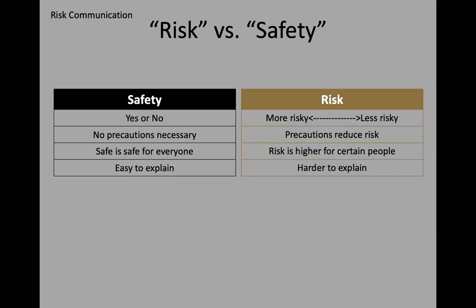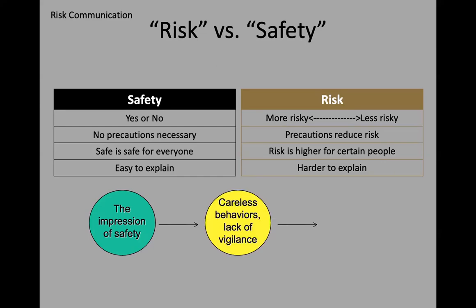So I'm going to put up a very simple series of ideas here. If someone were to give the impression of safety, it can then lead to careless behaviors and a lack of vigilance, which can then actually lead to riskier behavior and increased risk. So this is a very powerful idea.